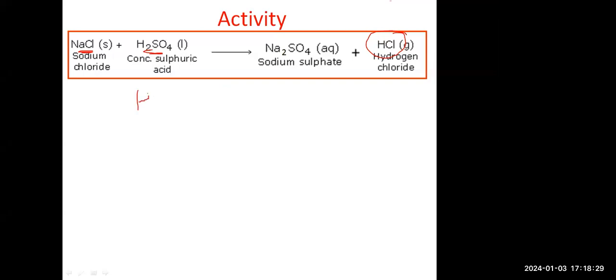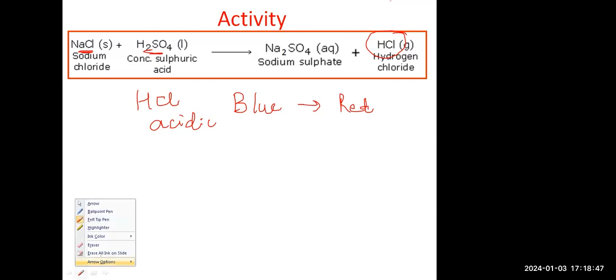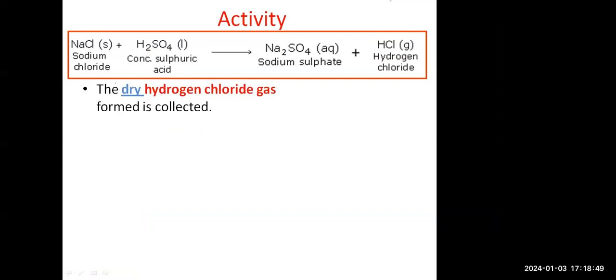It means it should change the color of litmus from blue to red, because it is acidic in nature. Now let us check it and confirm this. A blue litmus paper is brought in contact with the dry HCl gas.